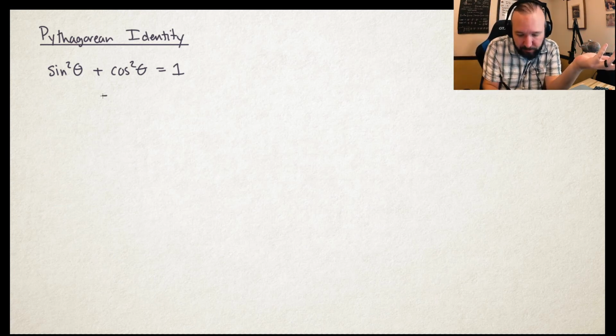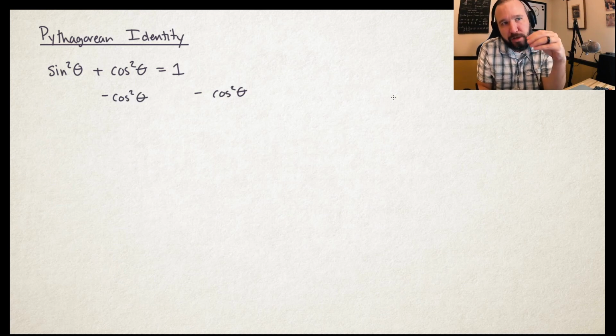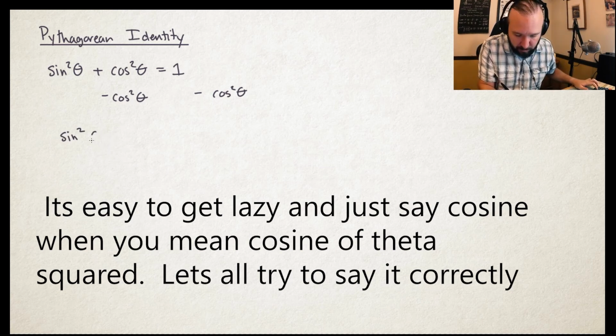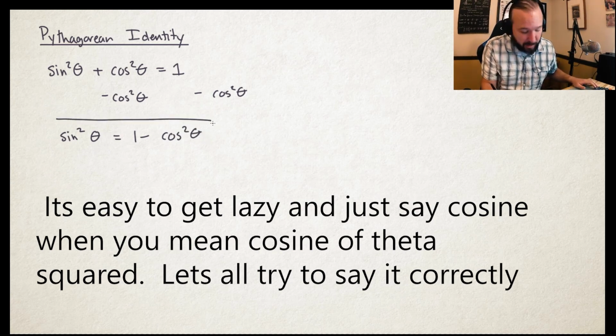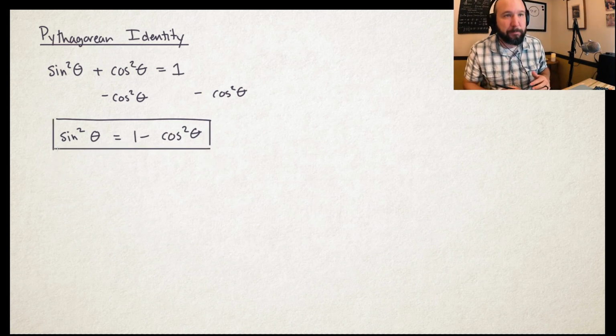For example, if I subtracted the cosine squared of theta from both sides of this equation, then I would get sine squared theta equals 1 minus cosine squared theta. So there's another example. You can see just by doing simple algebraic manipulation, I can produce another identity that looks different but is actually the same.